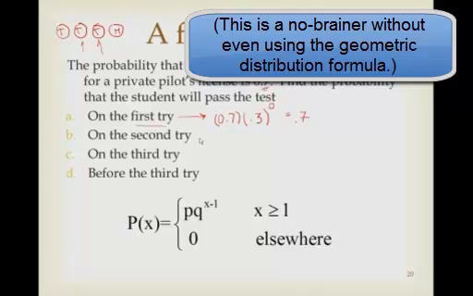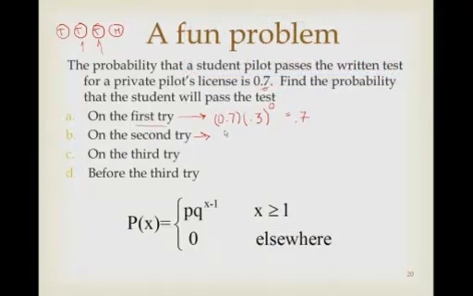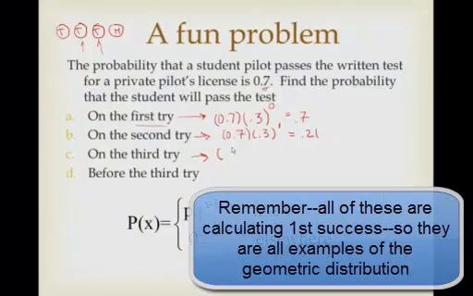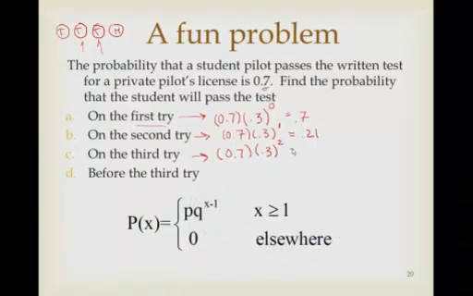How about the second try? Well, that's going to be 0.7 times 0.3 to the 2 minus 1, so it'll be 1, and that is 0.21. Third try is going to be 0.7 times 0.3 squared, and that's 0.063. Let's put a little 0 in there. There, that's better. It's starting to get smaller.